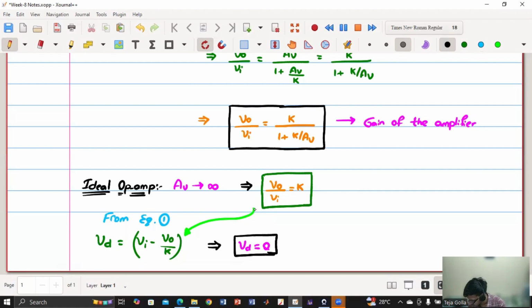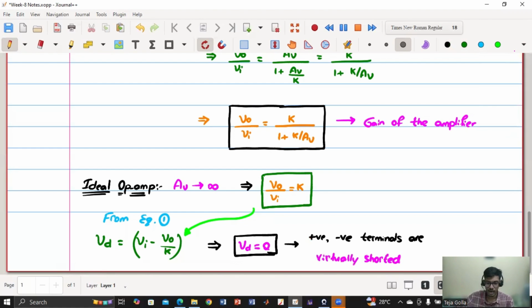So let us write down the conclusion. Positive, negative terminals are virtually shorted. And this is for an ideal op amp.